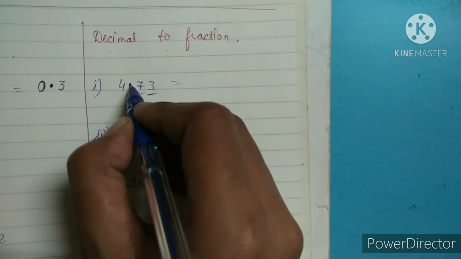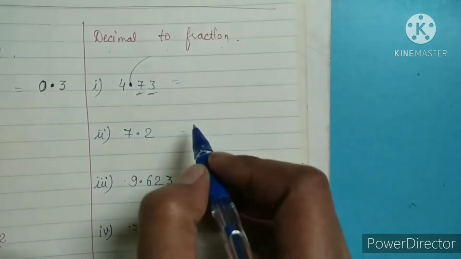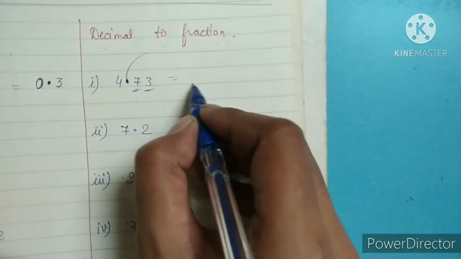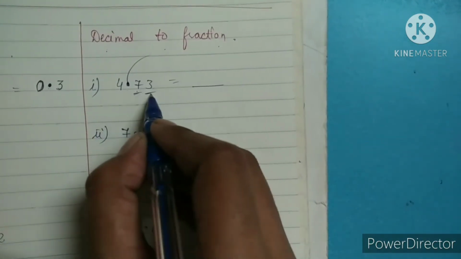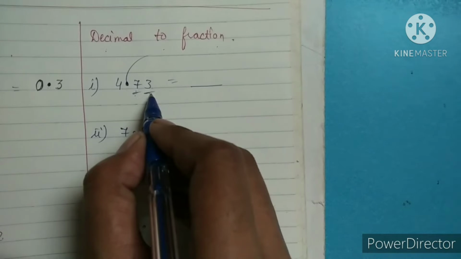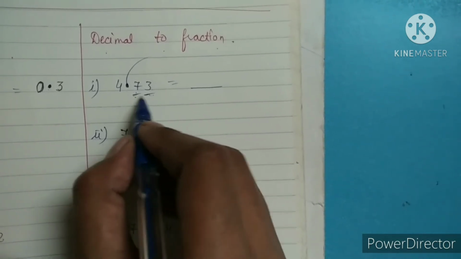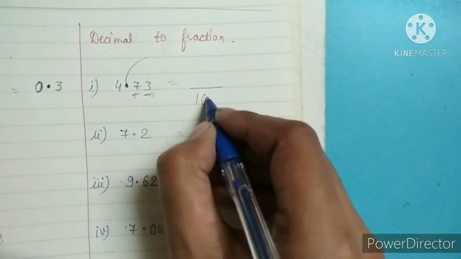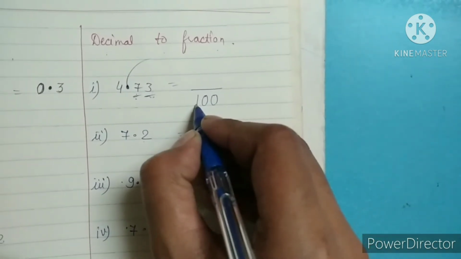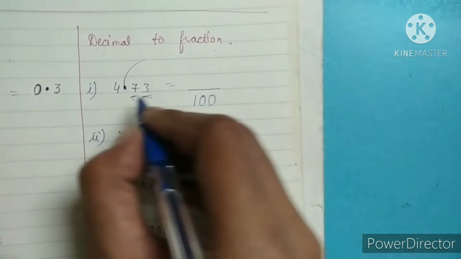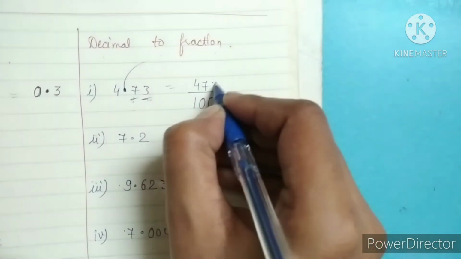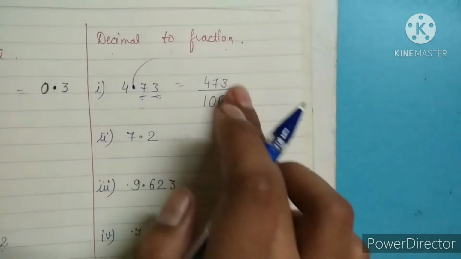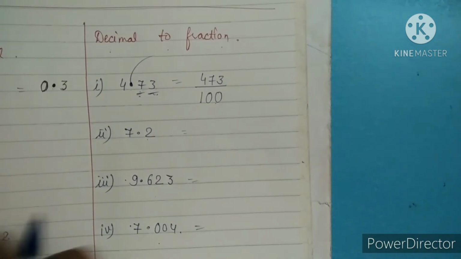So when I remove the decimal, because there are 2 places after the decimal, 2 zeros with 1 will come in the denominator, and 473 will remain the same. This is the fraction of the decimal value.